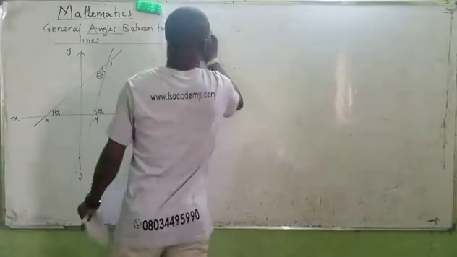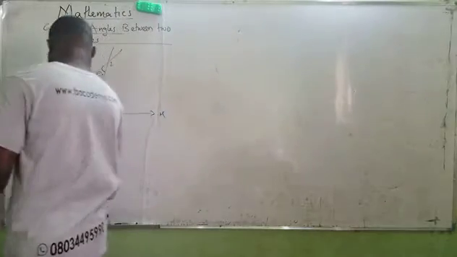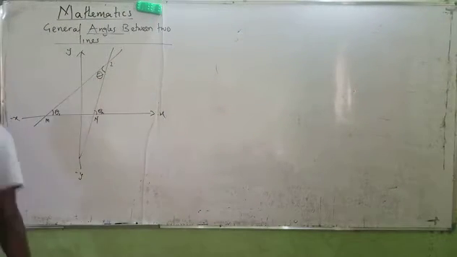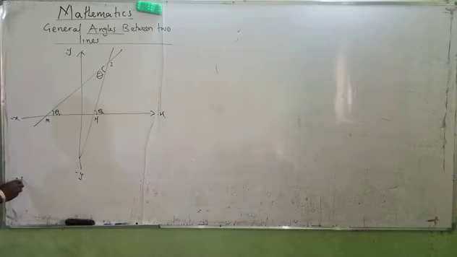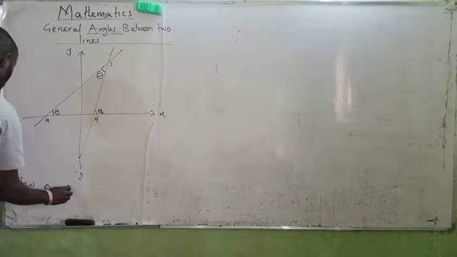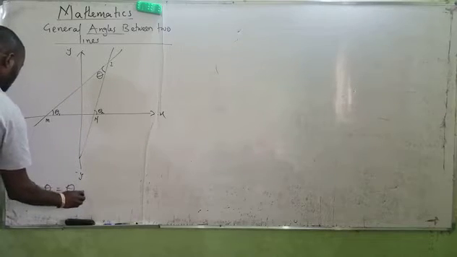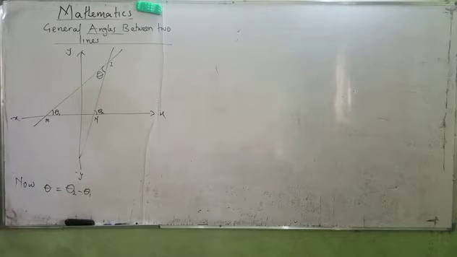With this, I can say that my theta is equal to theta 2 minus theta 1. Now, interior plus exterior, sum of what? That means the exterior angle is equal to the sum of the opposite interior angles. That is what I just made there.